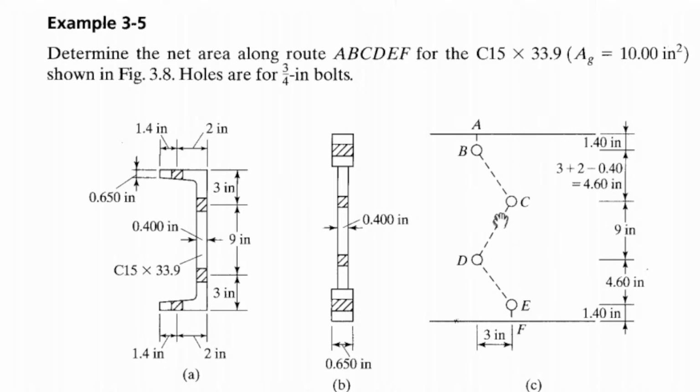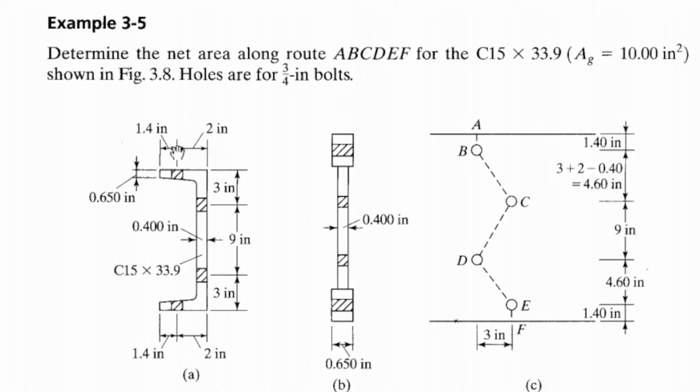The holes on the web and the holes on the flange are not aligned, which means we are encountering a staggered hole design. So, what is the distance from the edge of the web to the center of the hole?